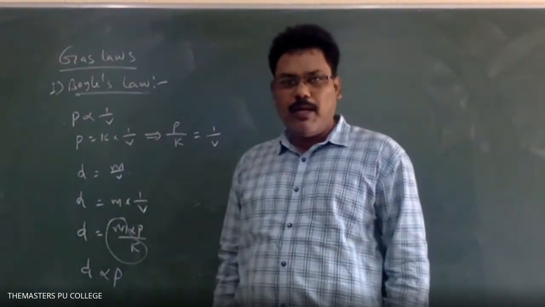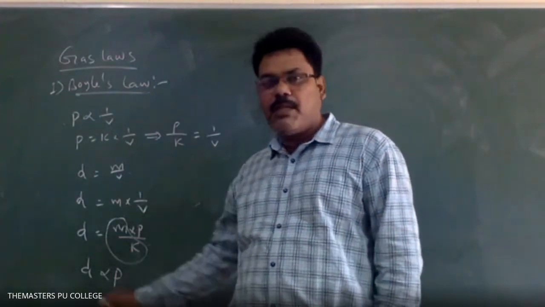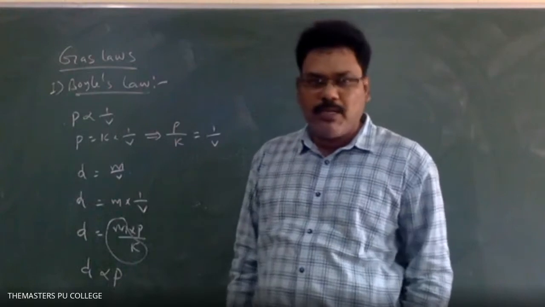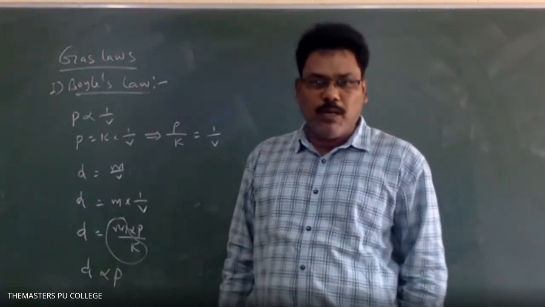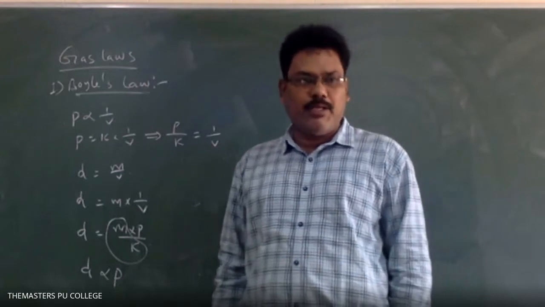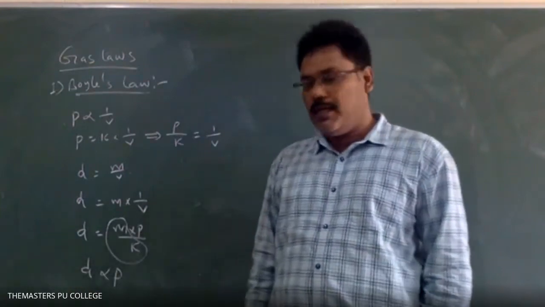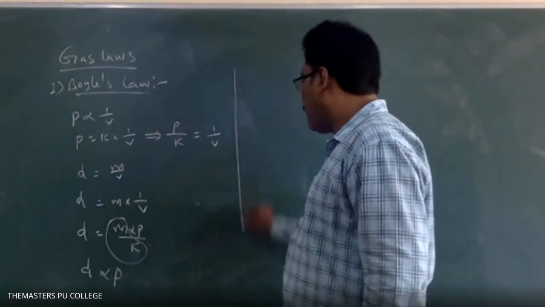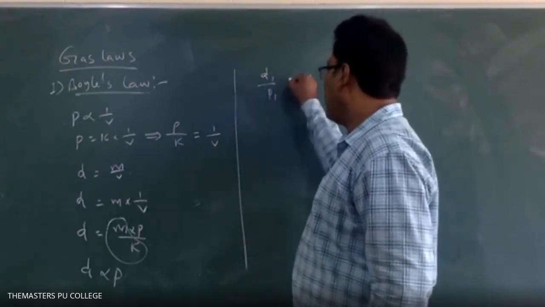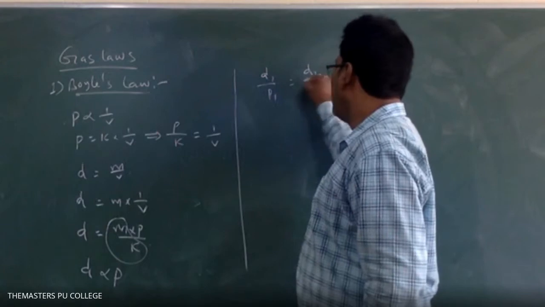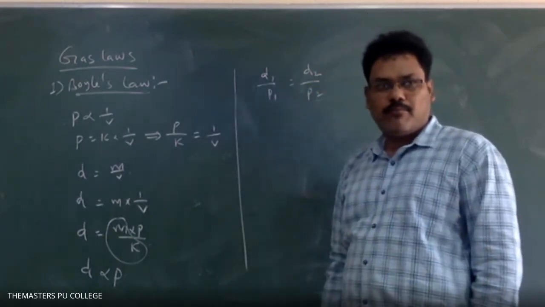Okay, got it, all of you students? From Boyle's law, we are deriving the density-pressure relation. What is the density-pressure relation? For a fixed amount of gas at constant temperature, the pressure is directly proportional to its density. So from this, one more formula you can write, that is D1 by P1 is equal to D2 by P2. Right?